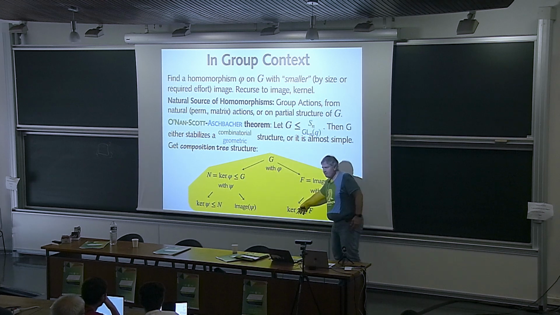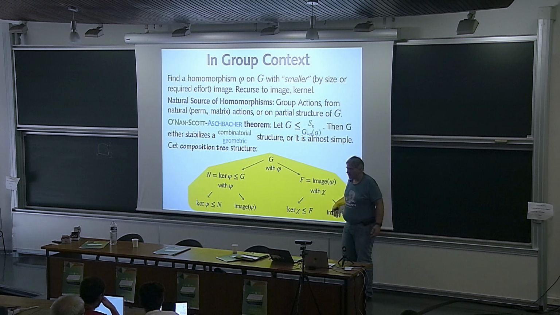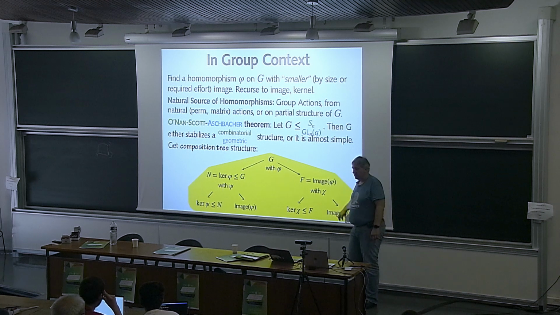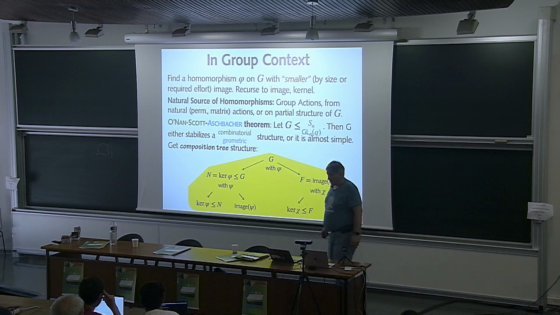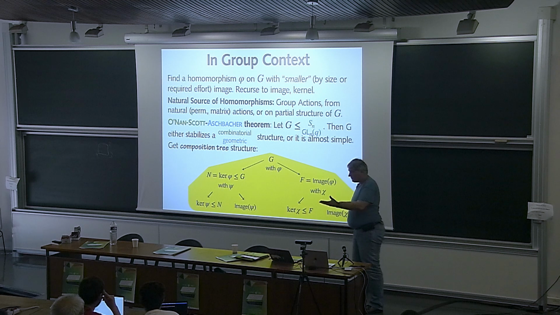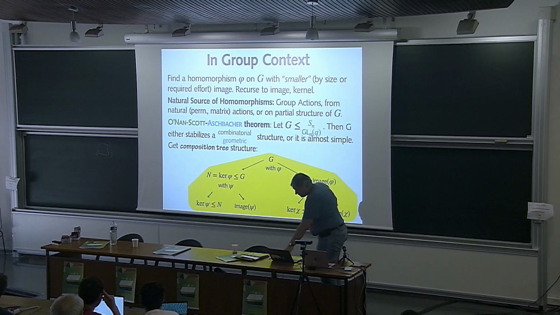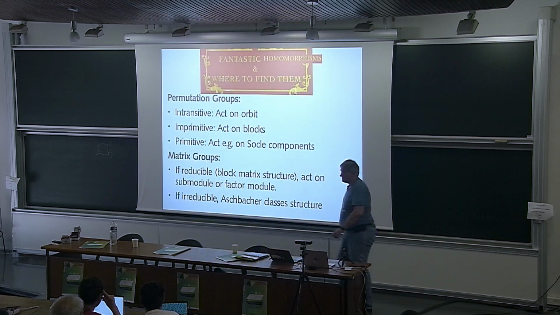And what are the leaves of the tree? The leaves of the tree then basically are the almost simple groups, or practically the simple groups, the simple composition factors. Yeah, so that's the idea. The question is just, how do I find such homomorphisms?